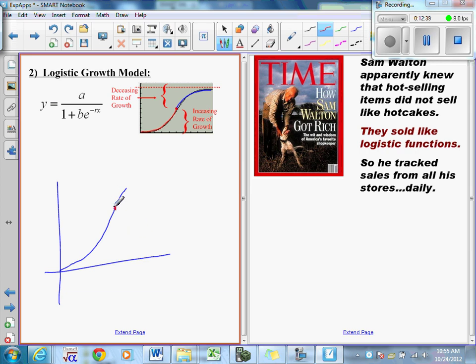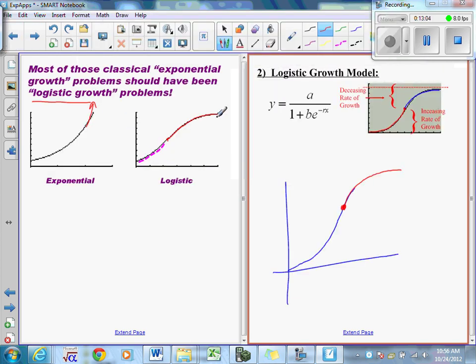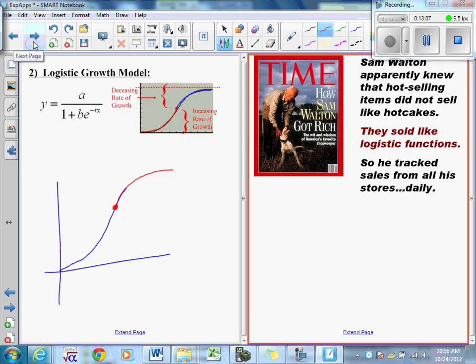Sam Walton, took math class in college, realized once I hit that point, it's kind of changing shape. It's starting to level off. They would stop buying. So Walmart wouldn't be stuck with extra merchandise because they understood this idea of logistic growth. Things don't usually grow exponentially. Long term, they grow logistically.